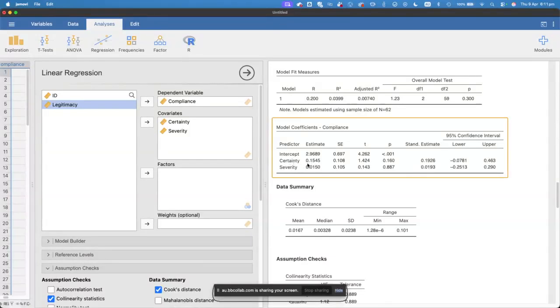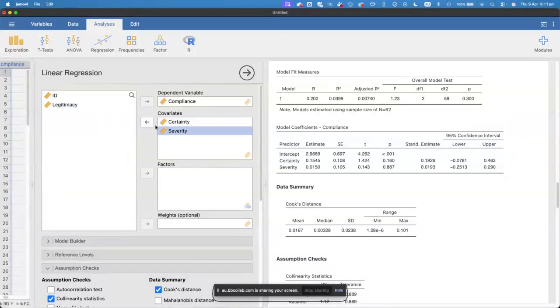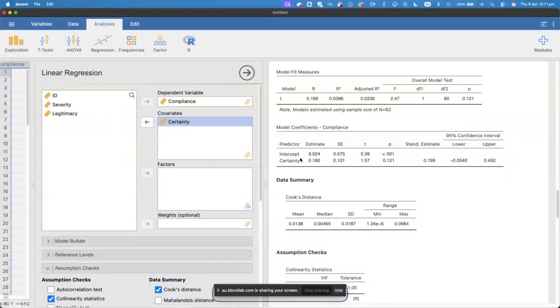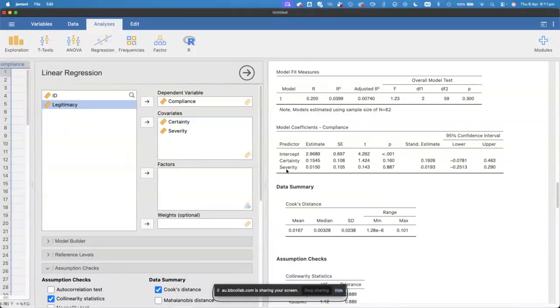But you can think of it as if we did just have the two variables. This is the relationship between certainty and compliance, which is 0.16. And if we had zero certainty, then compliance would by nature be 3.024. And if you add in severity, you could then say the same thing. If severity and certainty are 0, the intercept is 2.96.